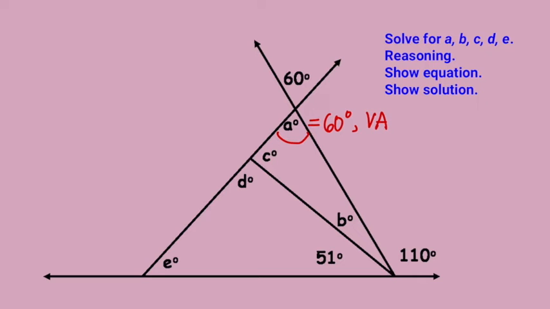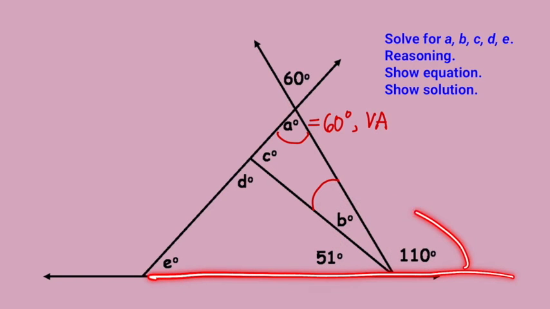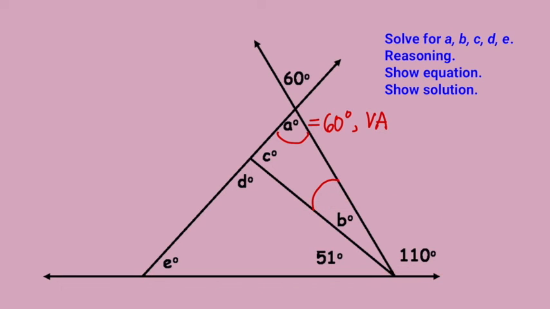Now let's solve for angle B. Did you get it? If you look at angle 110, B, and 51, all of them are on a straight line. That makes them supplementary angles. And we know that supplementary angles total 180 degrees.